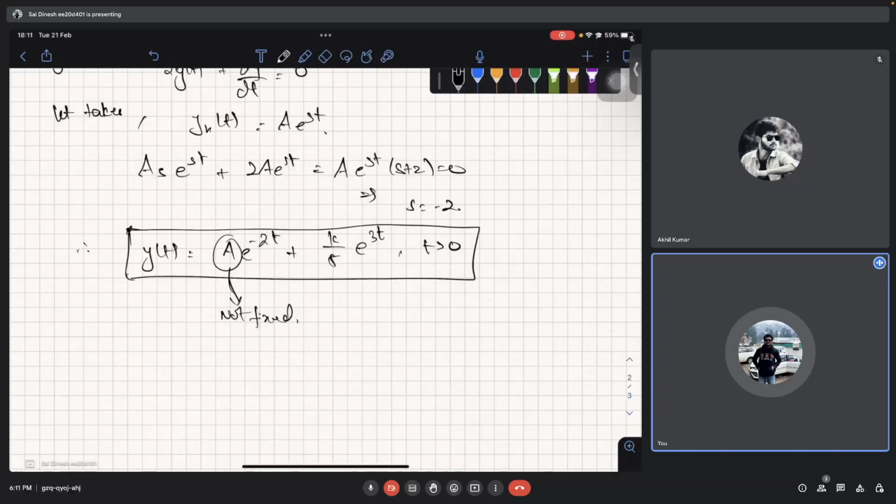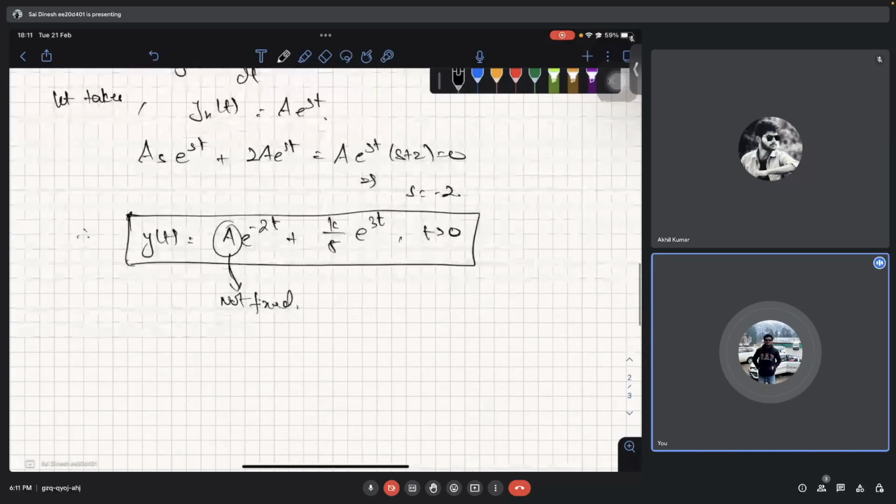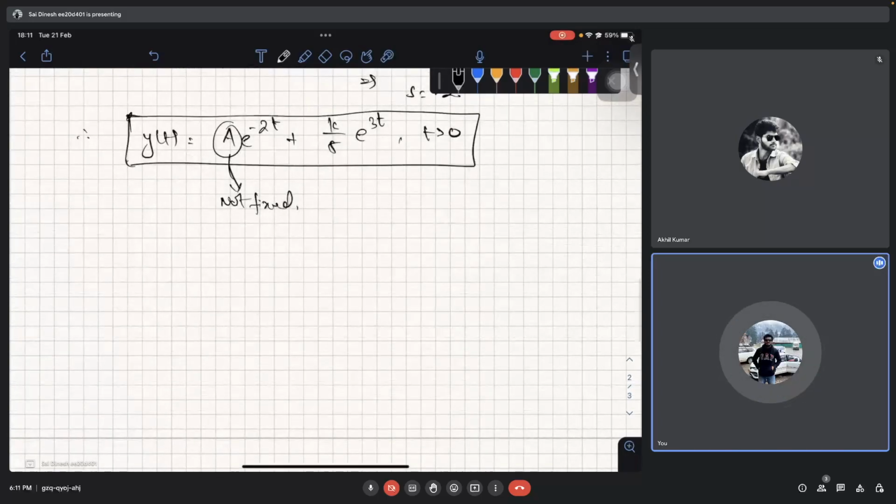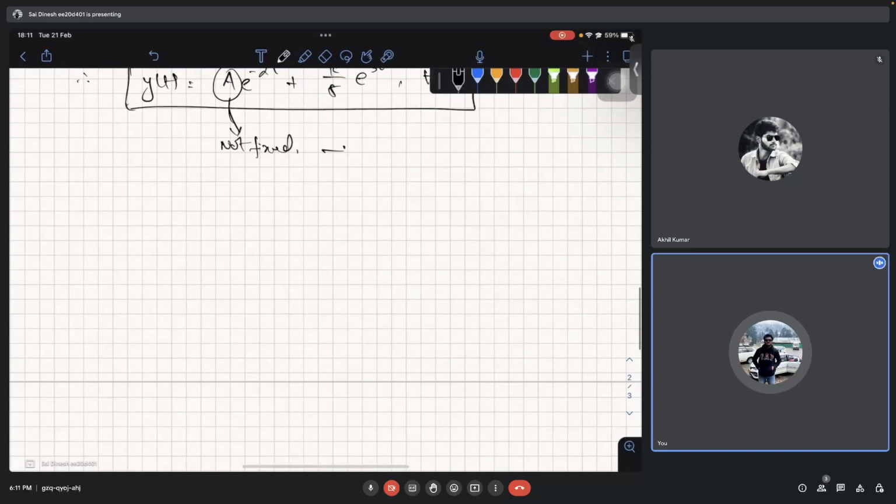We have not characterized the value of a, and by giving different types of auxiliary conditions, we get different values of a, and then we get different types of systems here, right? So these are the auxiliary conditions.